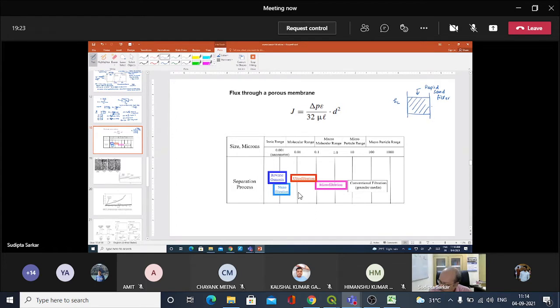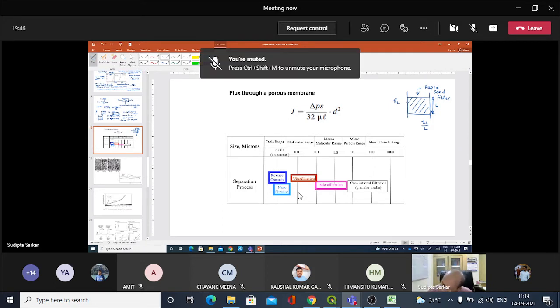But if you recall, there was a term, the length of the filter, which is the hydraulic gradient or head loss.